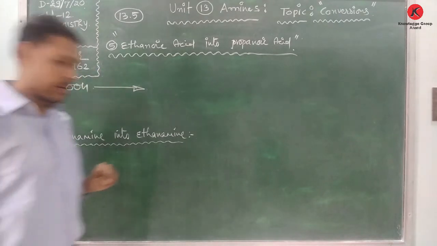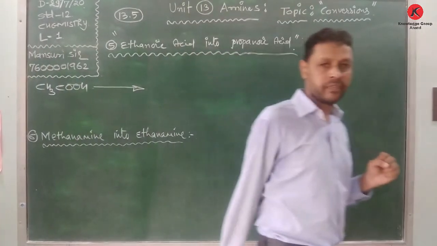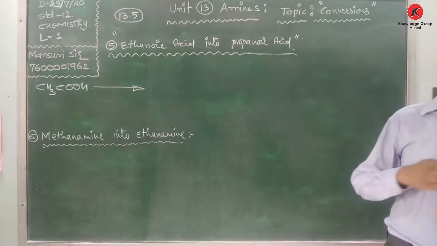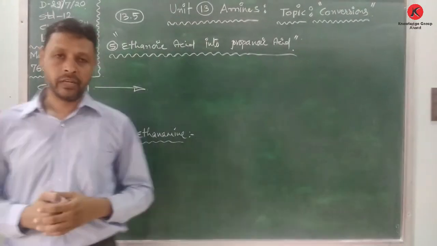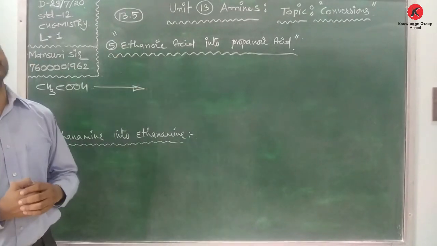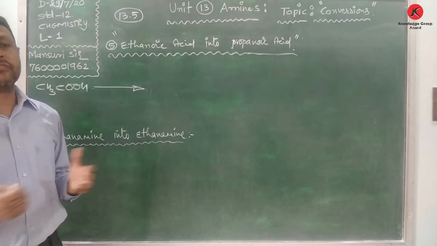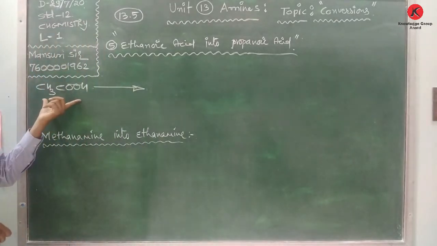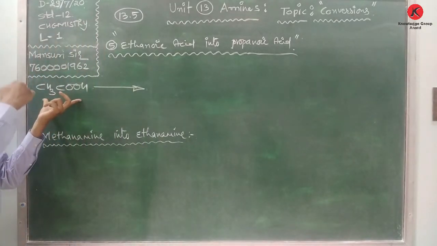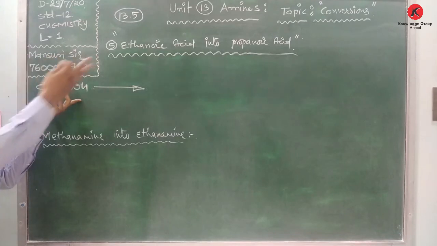Whenever we are increasing one carbon, that means we have to make a cyanation or use Grignard reagent. Here we will take cyanation, but for cyanation we should have halide compounds. So this compound can be converted into a halide compound.